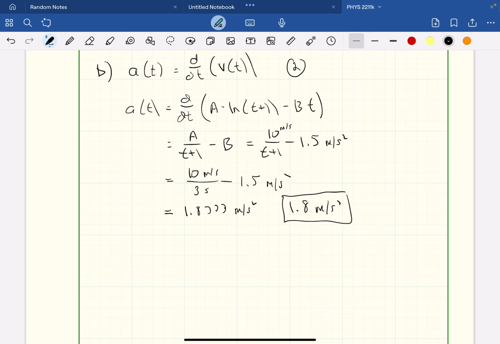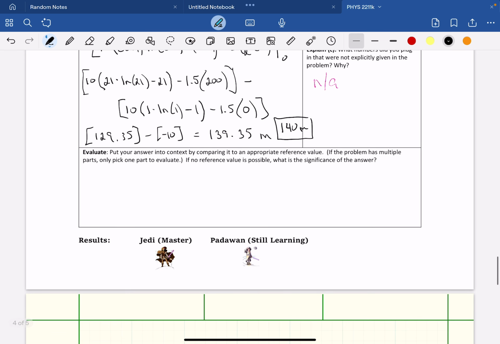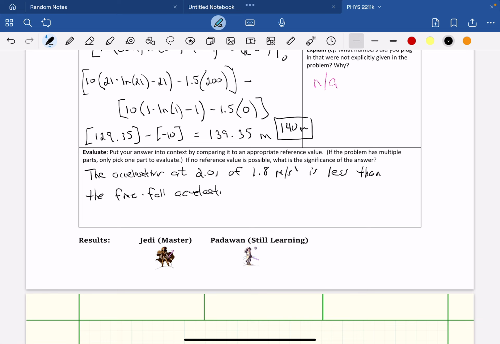And I'm going to pick the acceleration. So I'm going to say the acceleration at 2 seconds of 1.8 meters per second squared is less than the free fall acceleration on Earth.